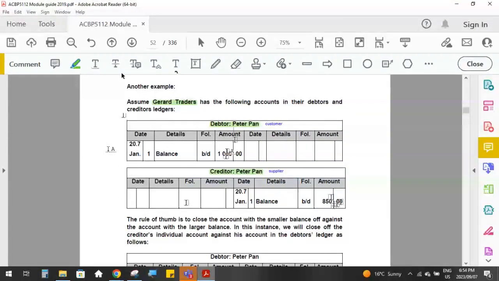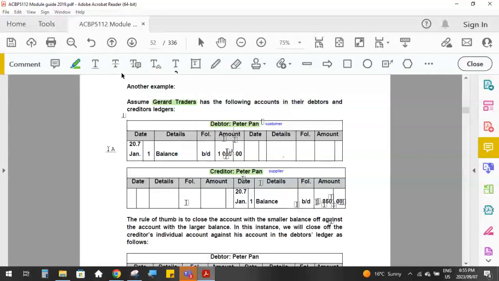So we are going to take this 850 and transfer it from creditors control into debtors control. So remember, creditors control is a liability, so it is a credit balance. So in order to reverse a credit balance, we're going to have to debit the creditors control, 850, and we will credit debtors control, 850.